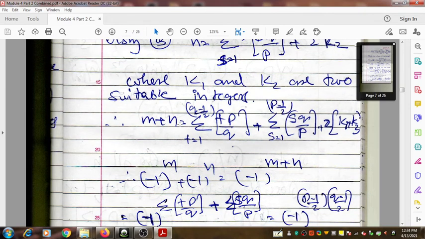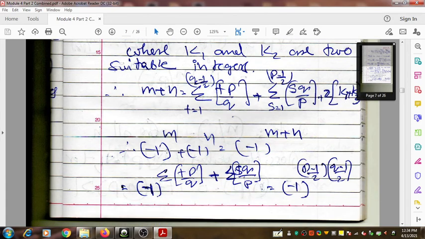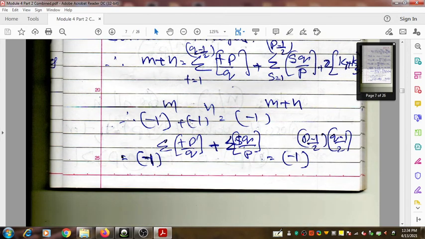Then by adding, m plus n equals the first summation plus the second summation plus 2 into (k1 plus k2).